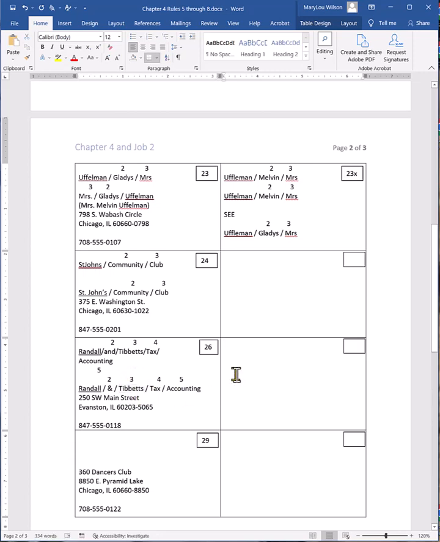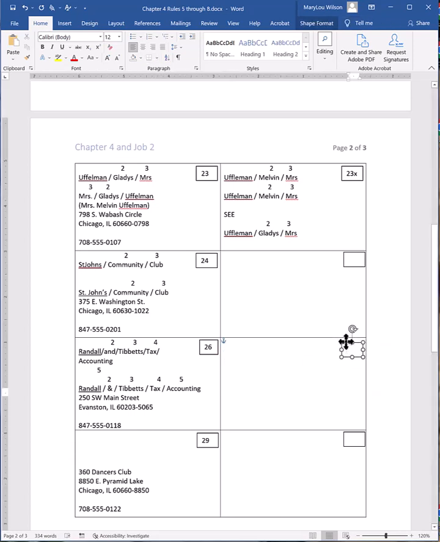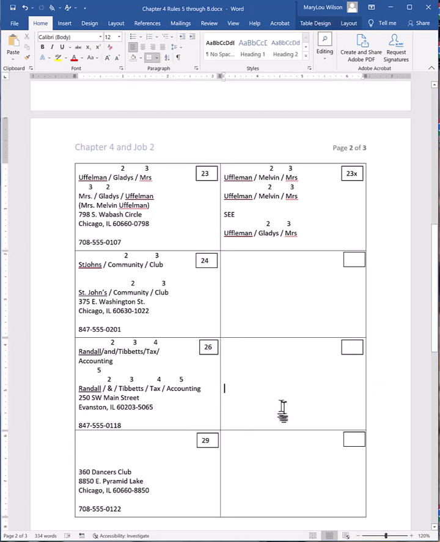So we're going to come over here, and we're going to write another filing segment, but this time we're going to write it as Tibbetts and Randall, tax, accounting.